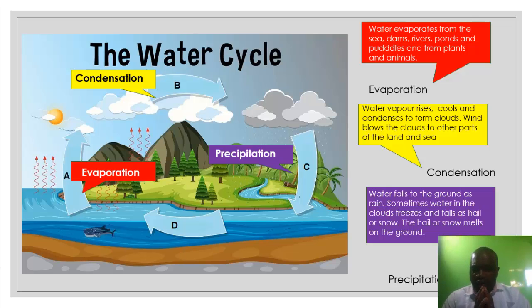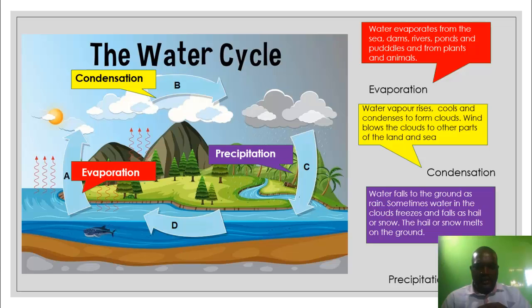Sometimes we have seen that we go outside and we see there's ice that's actually raining down there. And in some parts of the world, you will find that it actually snows. There's something they call snow, which is frozen water. So these are also other forms of precipitation, snow and hail. Okay, so that's precipitation.